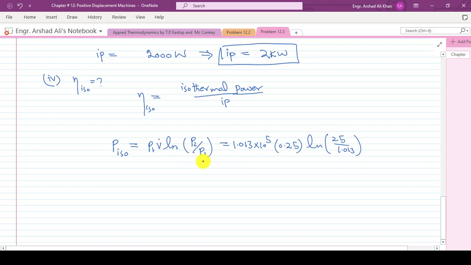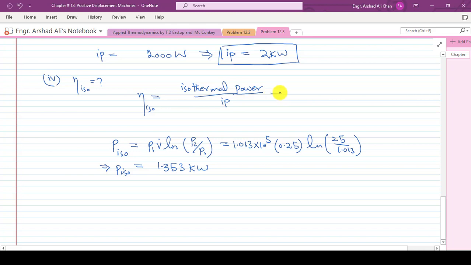So simplifying this, we get the value of isothermal power, that comes equal to 1.353 kilowatt.